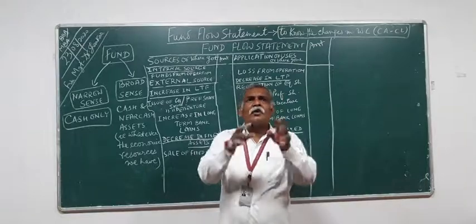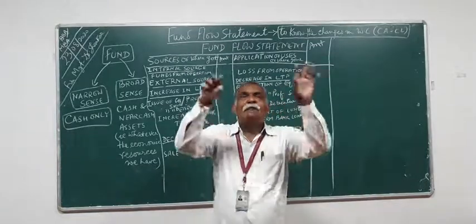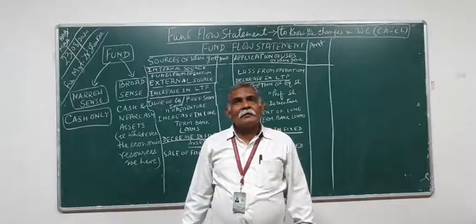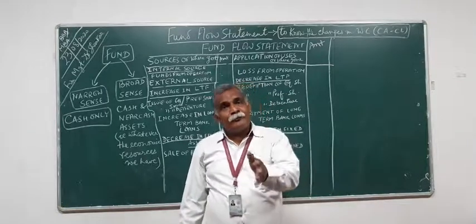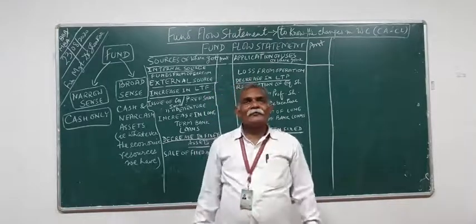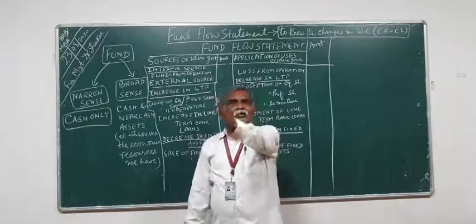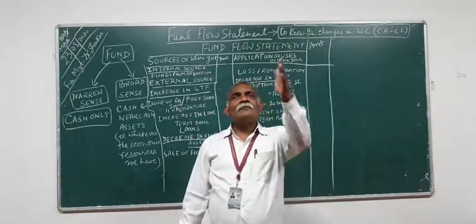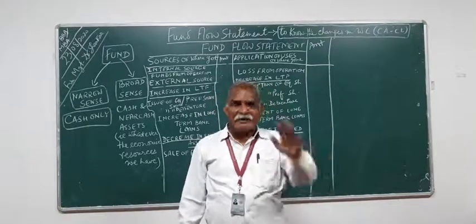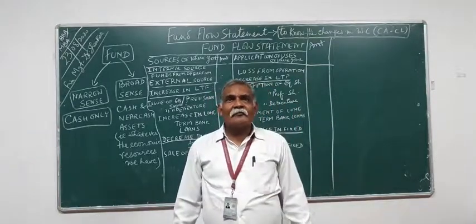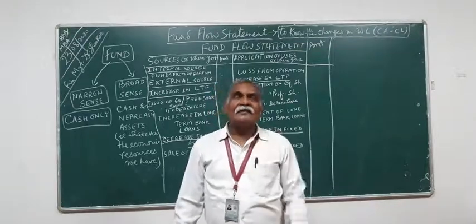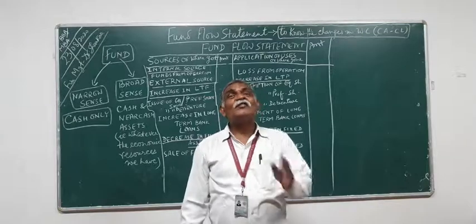So what sort of factors do you consider in the fund flow statement? In the fund flow statement, there are again two sides. Like the balance sheet, which has assets and liabilities, and the income statement or P&L account, which has expenses and income, debit and credit side, the fund flow statement has neither a debit and credit side nor assets and liabilities, but source and application.